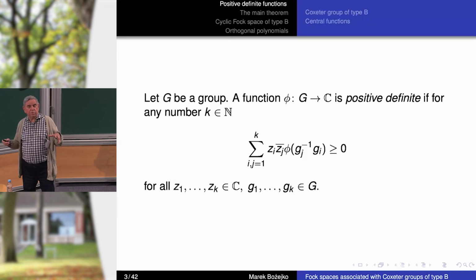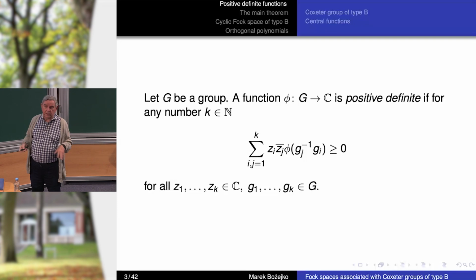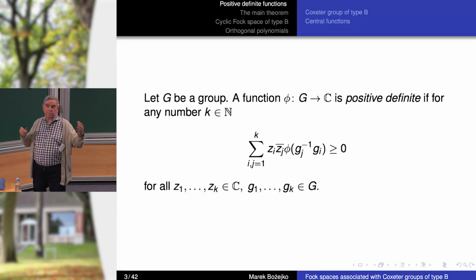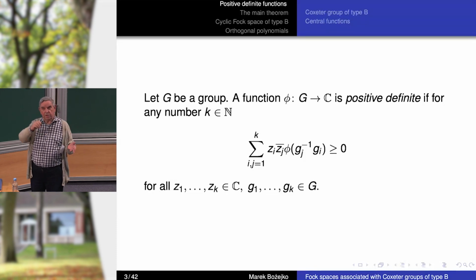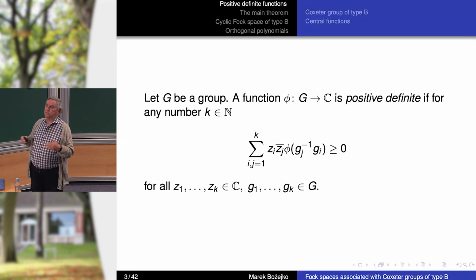This is connected, of course, with the famous Bochner theorem that on the real line, when you have a probability measure and you have the Fourier-Stieltjes transform, the Fourier transform is positive definite if and only if the measure is a probability measure with some normalization. So that is where it starts.